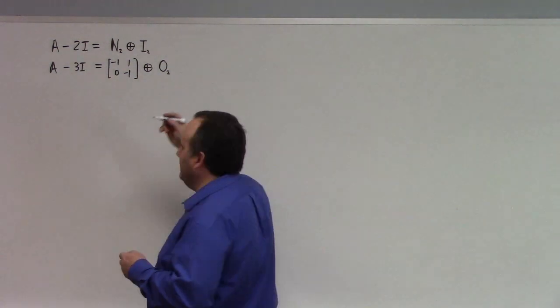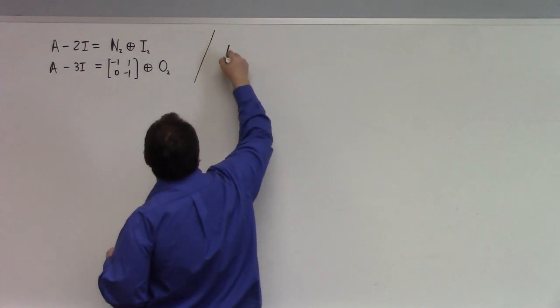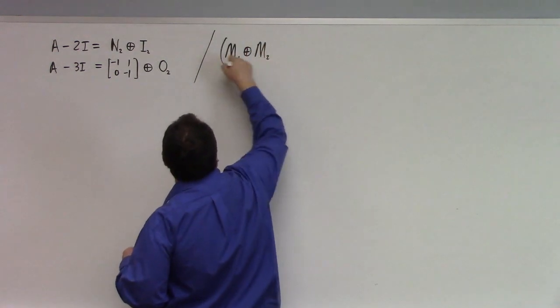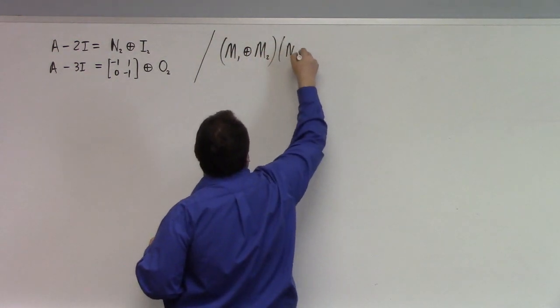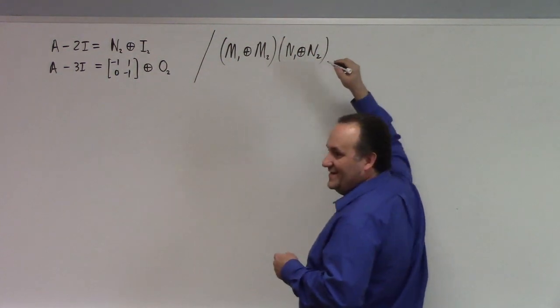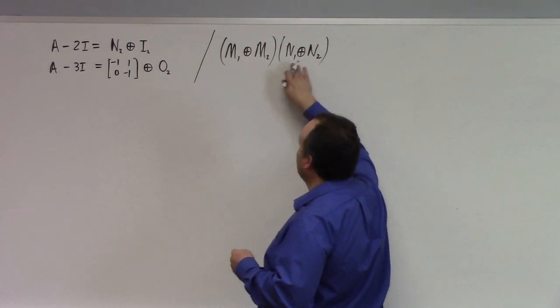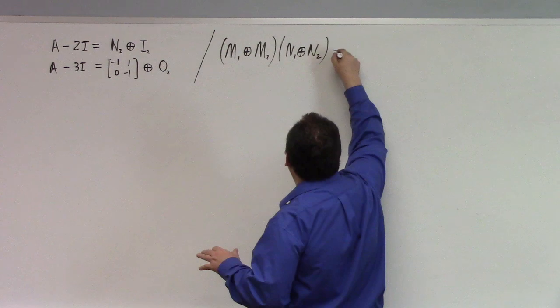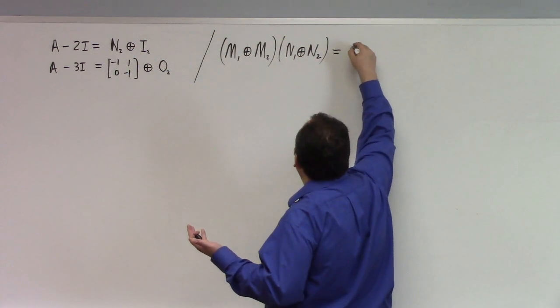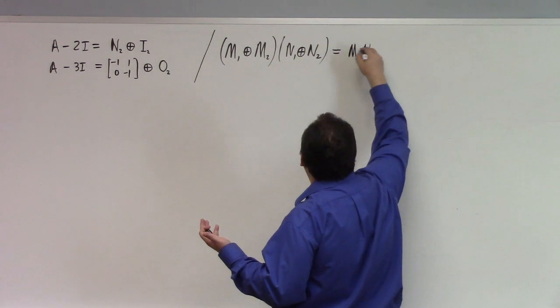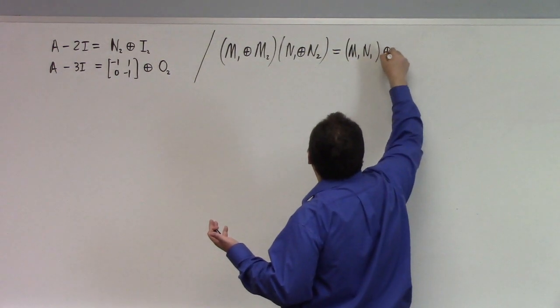The way block multiplication works, guys, is if you have M1 plus M2, and you're multiplying it by N1 plus N2, not the nilpotent N2, just labeling, all right? If these blocks have matching dimensions, you simply multiply the blocks, right? This is sort of the analog of how you multiply diagonal matrices.